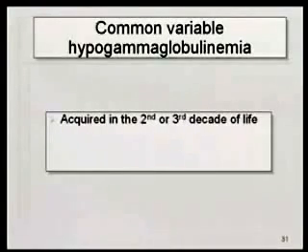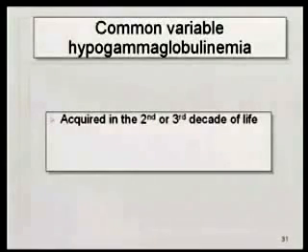Then there is acquired hypogammaglobulinemia, also referred to as common variable hypogammaglobulinemia. Again, for unknown reasons, certain individuals are genetically such that during the second and third decade of their life, suddenly they stop producing immunoglobulins.